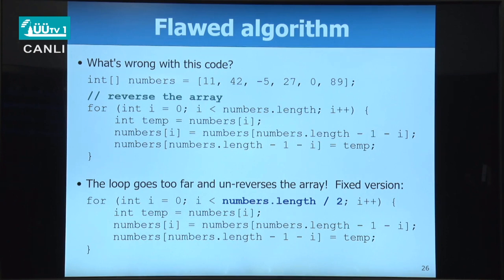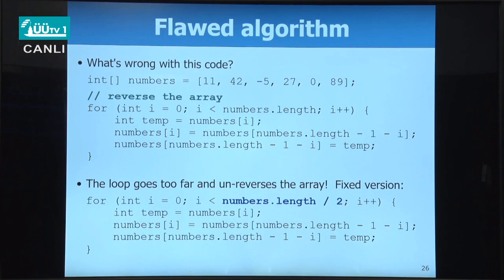In the first part of the code we have a problem. If we start from 0, and if we go through all the elements of the array, we basically reverse the array, then we put it to its original position back. That's why it is flopped. That's why we have to go halfway through the array, okay?